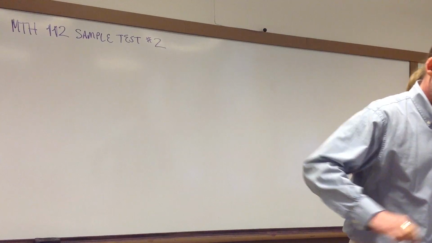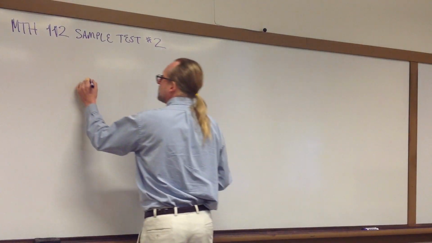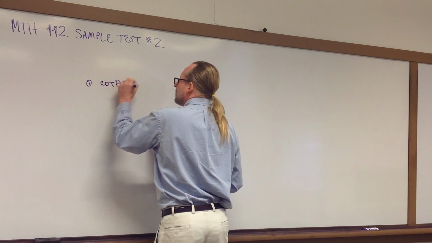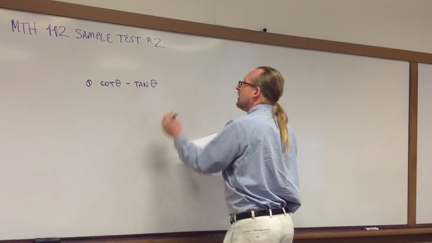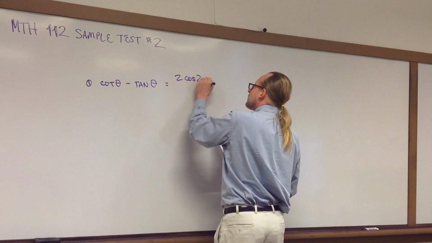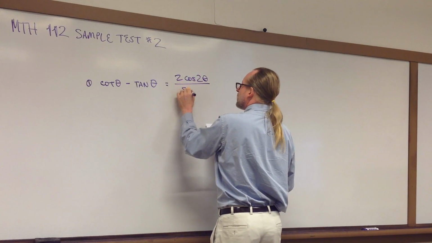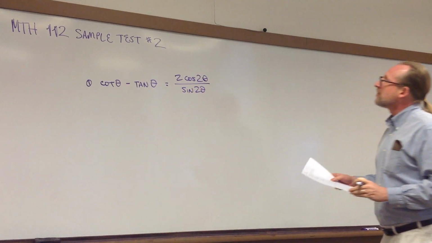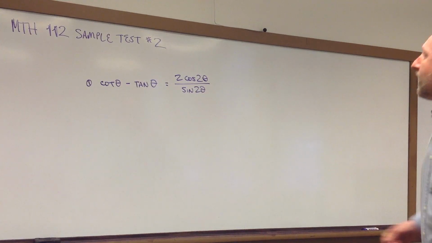Problem 1, we need to prove the identity that says cotangent theta minus tangent theta is equal to 2 times the cosine of 2 theta over the sine of 2 theta. Okay. Let's see.